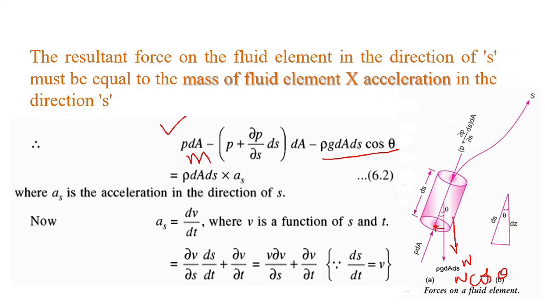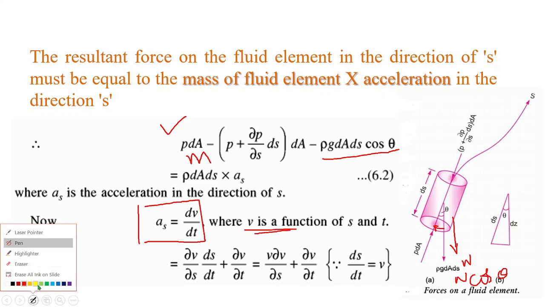Where as is the acceleration in the direction of s. What is as? It is nothing but the rate of change of velocity, where v is a function of s and t.